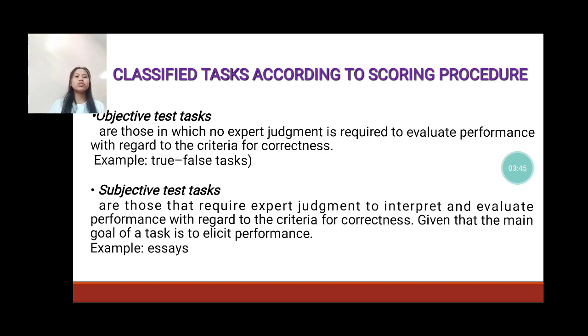The opposite of objective test task is the subjective test task. These are those that require expert judgment to interpret and evaluate performance with regard to the criteria for correctness, given that the main goal of a task is to elicit performance. Subjective, on the other hand, means making assumptions.